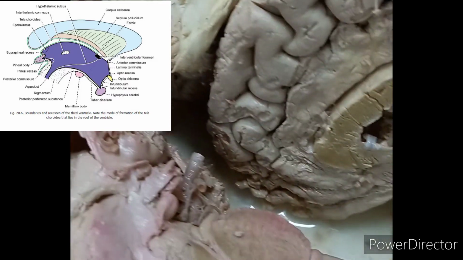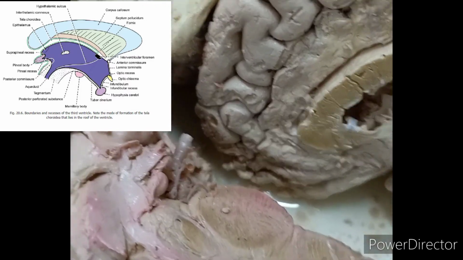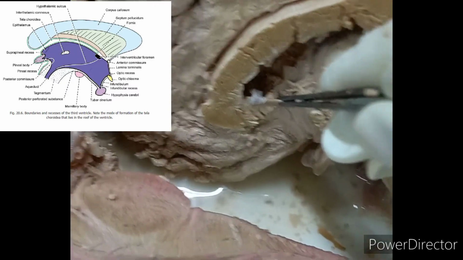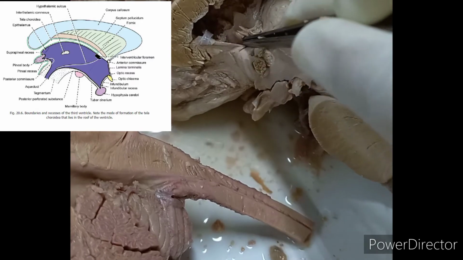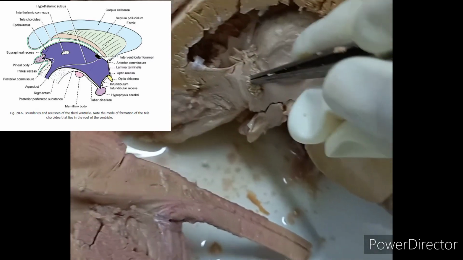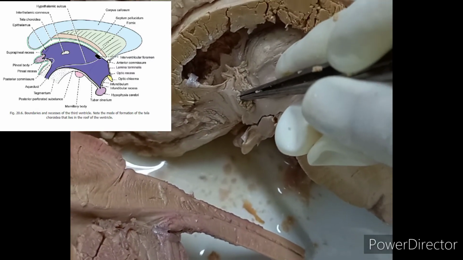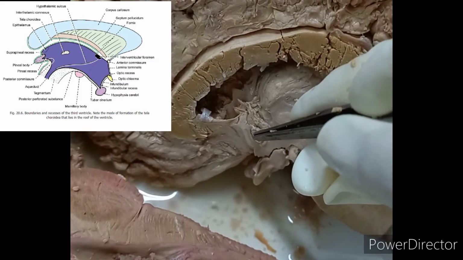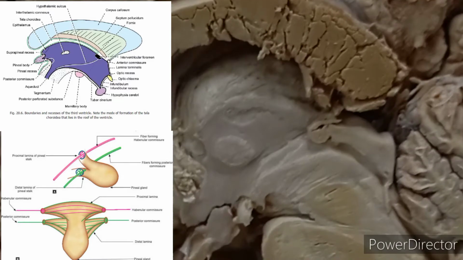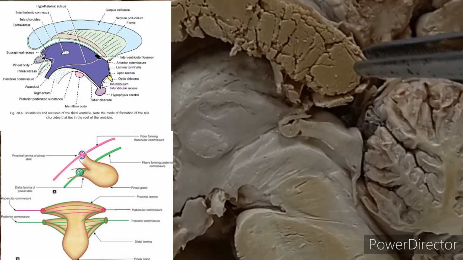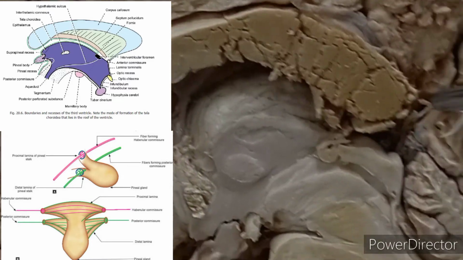You can see here, this is the lamina terminalis, and this is the anterior commissure.